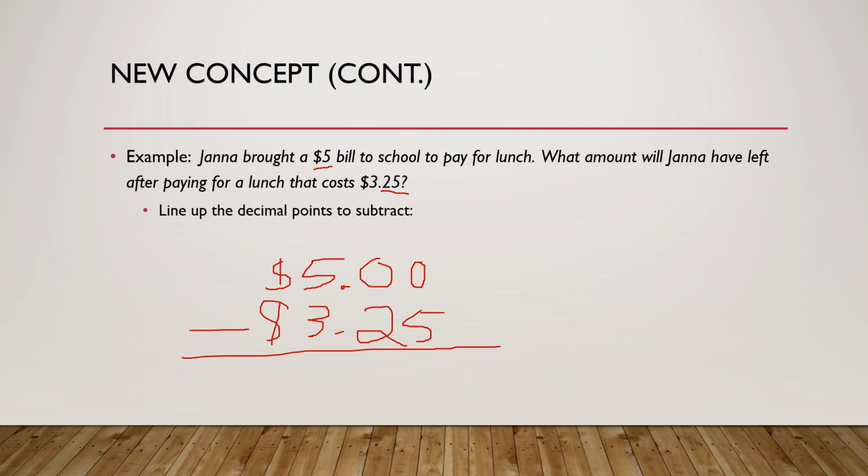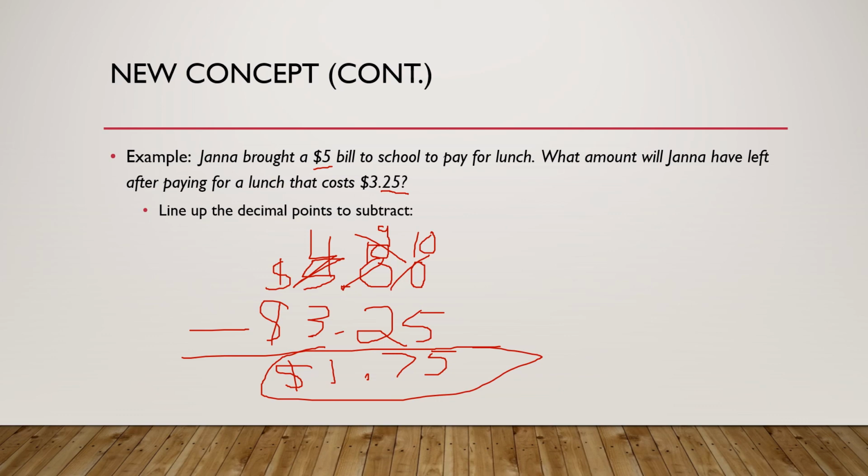Alright, so I can't do 0 minus anything, so I'm going to borrow right away. Make this a 4. That would be a 10, but then I have to borrow from that and make it a 9, so I can make that a 10. And then I do my subtraction, and I find out that Jana would have $1.75 left.